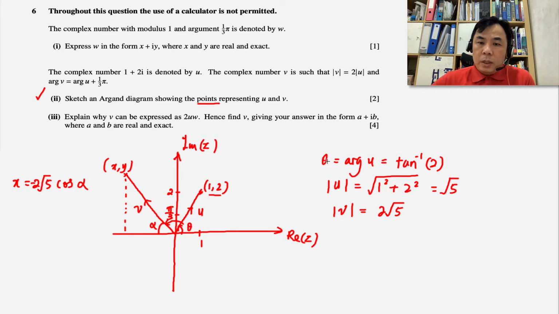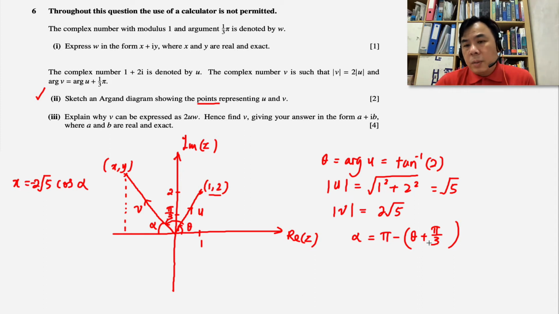Now we know that theta is given by this, and therefore alpha is just pi subtract off theta, subtract off the pi over 3 here, or mainly it is pi minus (theta plus pi over 3). Okay, now if you were to simplify this, it's basically just 2 pi over 3 minus theta.